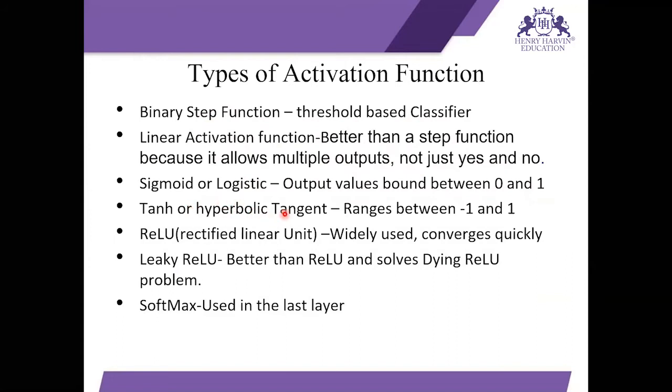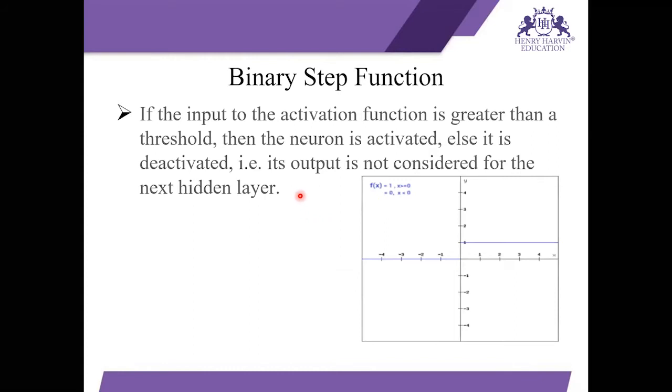Tanh or hyperbolic tangent ranges between -1 and +1. Relu is widely used and converges quickly. Leaky Relu is better than Relu and solves the dying Relu problem. SoftMax can be used only in the last layer. So let us dive deep into the types of activation function.